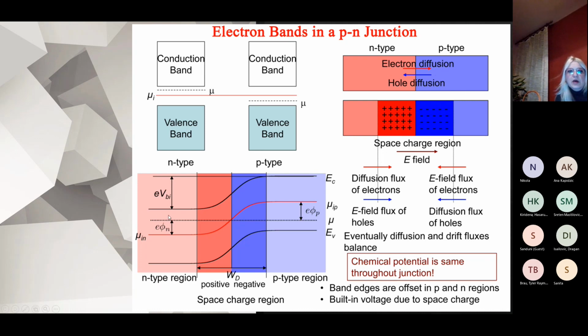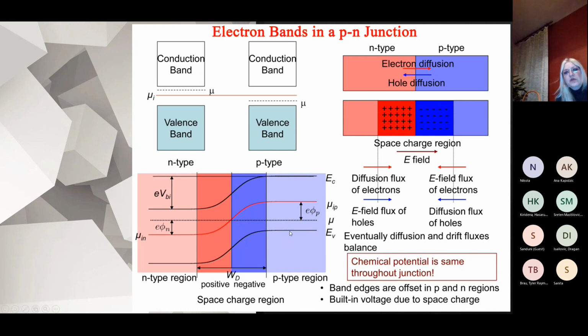And now we're going to see that for the N-type region, the bottom of the conduction band is close to the Fermi level, and we're going to shift through this junction into the P-type region, where it's far away from the chemical potential. And this is also true for the holes.